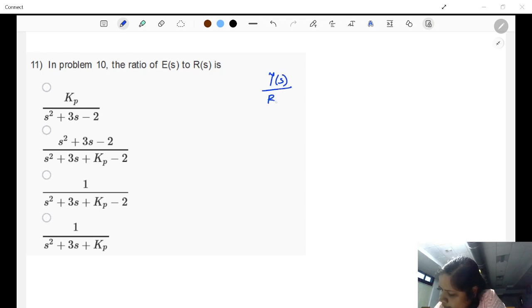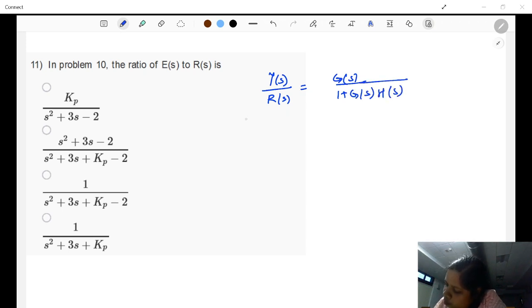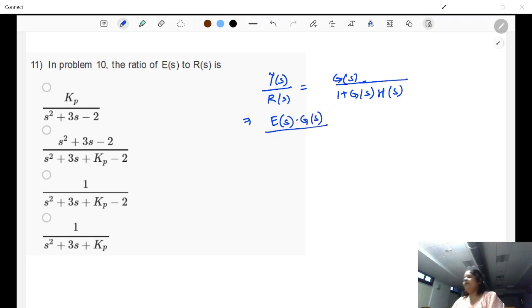So you know very well, Y(s) upon R(s) is G(s) upon 1 plus G(s)H(s), right? Now if we write Y(s) to be equal to E(s) into G(s), I hope everyone agrees with this. The error into the whole P(s) into C(s).